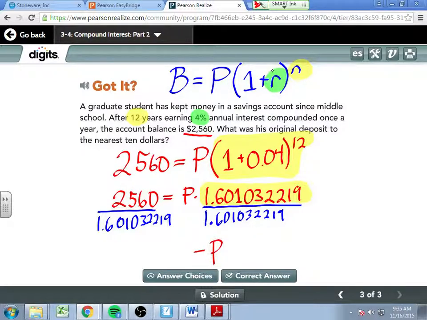That leaves the principal amount to be $1,598.96. But to the nearest $10, 1,598 would round up, so it's actually just going to be 1,600.